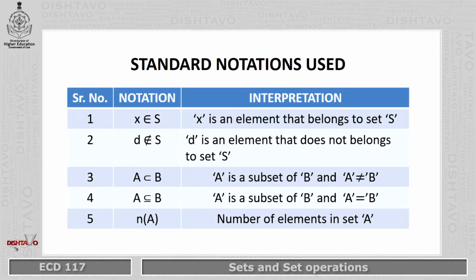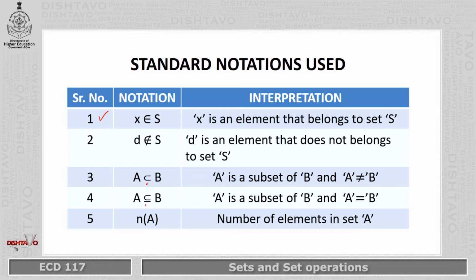Right. Let us look at some standard notations in sets now. Let us look at the first one. The first one is x belongs to S, where the interpretation is that x is nothing but an element and this element belongs to a set S. Then we have the second one, that is D does not belong to S. The interpretation is that this element does not belong to set S. There is a set S and there is some element D, and this element D does not belong to S. The third one is A is a subset of B and A is not equal to B. The fourth one is also A is a subset of B, but A is equal to B. Notice the small difference in these notations, there is an equal to sign in the second one.